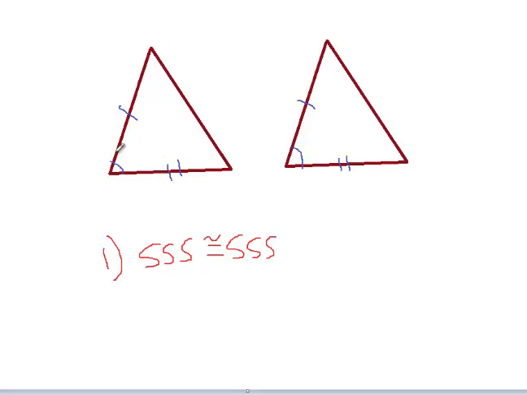There is no way to draw a side and then the same angle and the side differently. And if you think about it, the reason is because once you drew this side, this angle, and this side, the only way to complete the triangle would be to draw the third side over here. This method we will refer to as SAS. SAS is congruent to SAS.